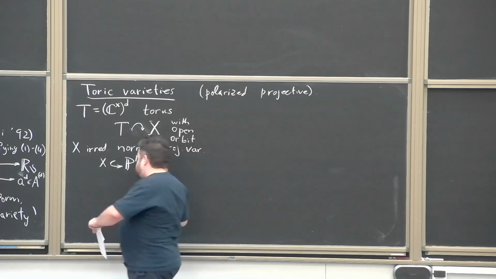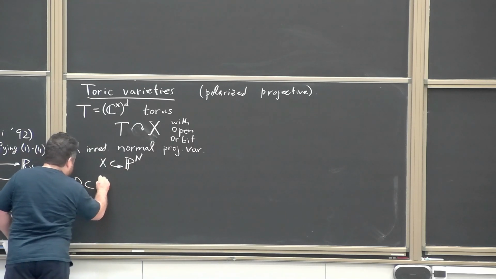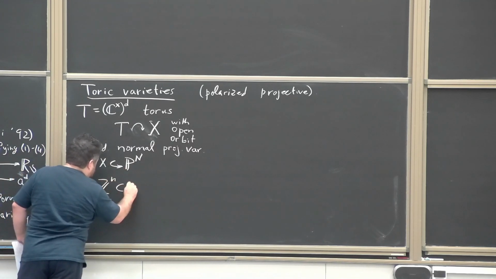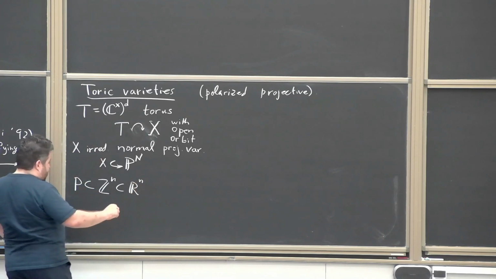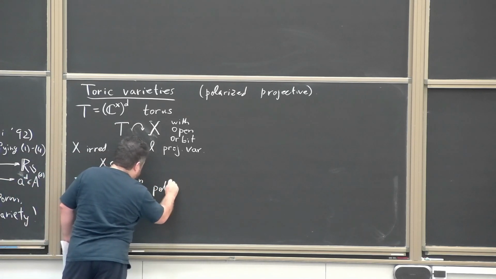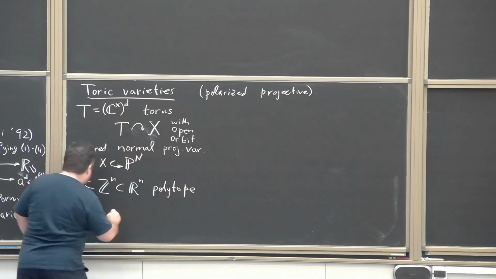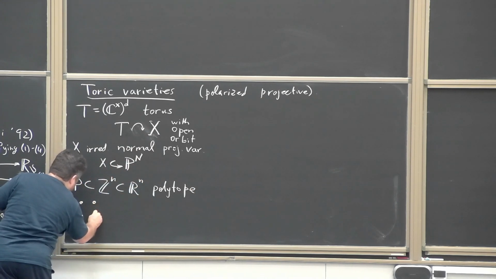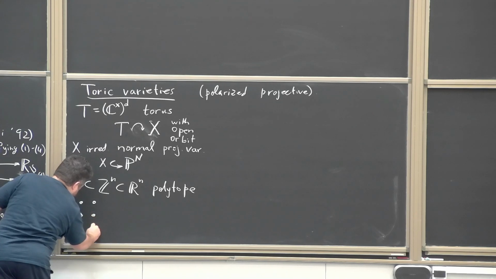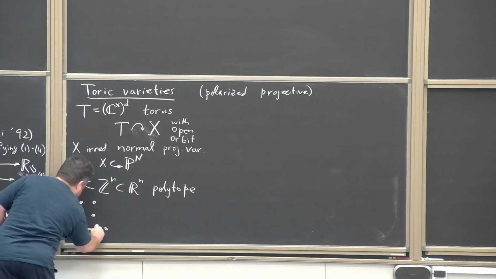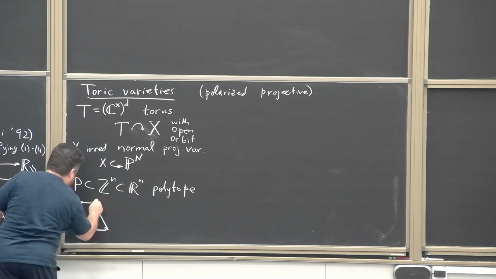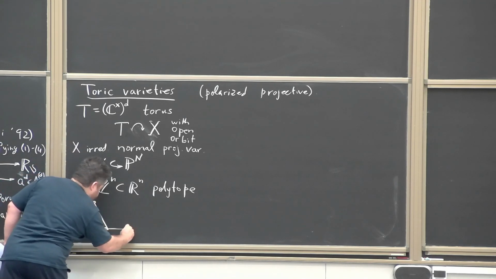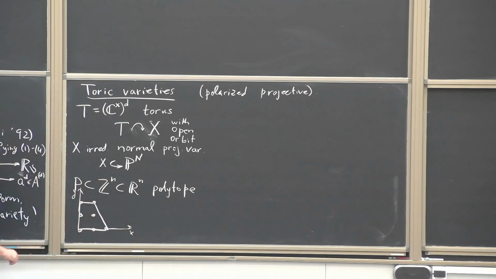So let P in Z^n, R^n be a polytope. Well, let me write something like this in the plane. This is X, this is Y. So given such a polytope, I will construct a toric variety.